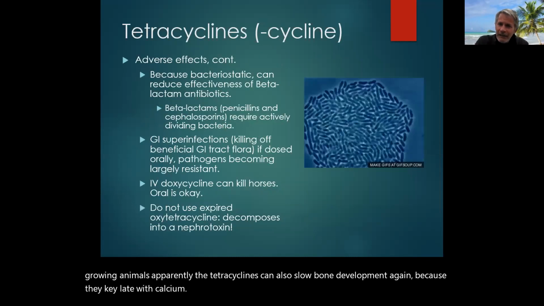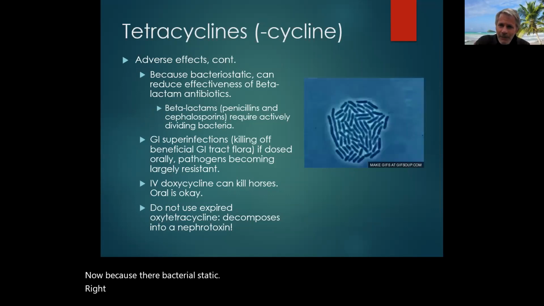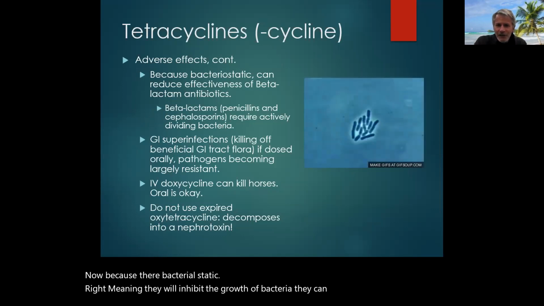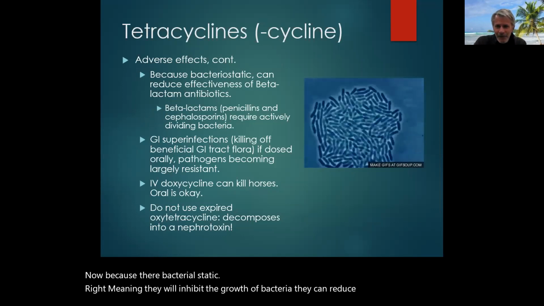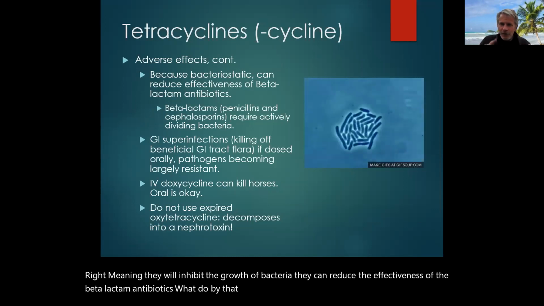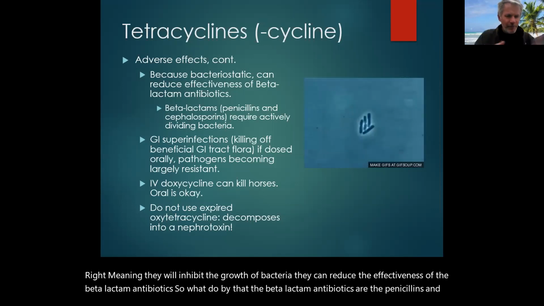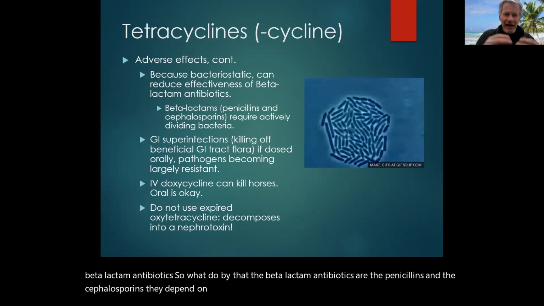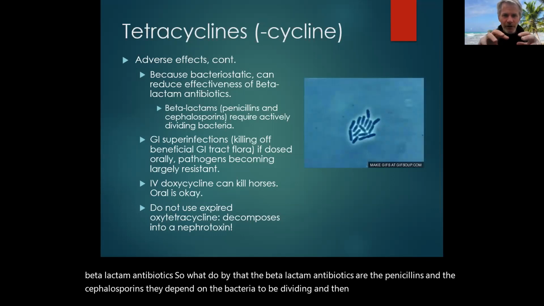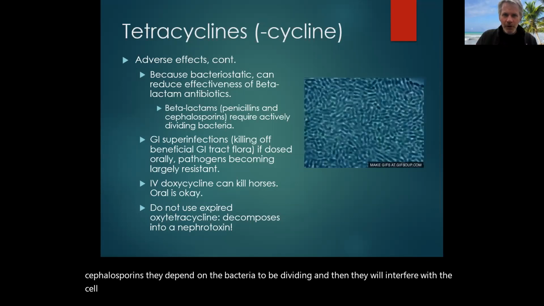Now, because they're bacteriostatic, meaning they will inhibit the growth of bacteria, they can reduce the effectiveness of the beta-lactam antibiotics. So what do I mean by that? The beta-lactam antibiotics are the penicillins and the cephalosporins. They depend on the bacteria to be dividing, and then they will interfere with the cell wall, and the bacteria will explode.